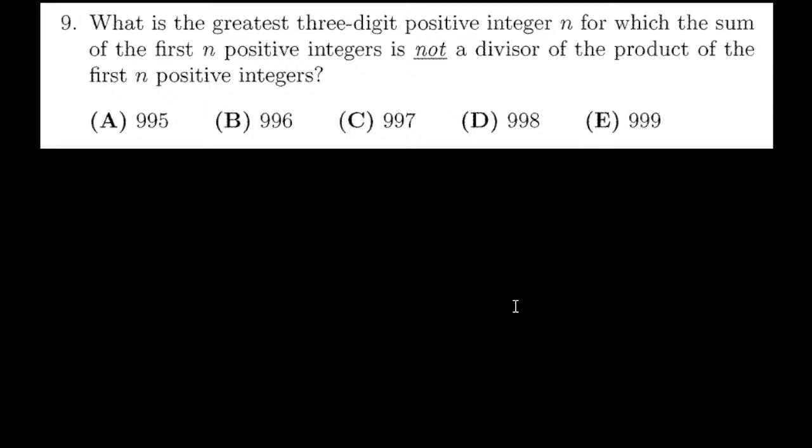When I say sum of the first n positive integers, that means 1 plus 2 plus 3 and so on till your 3-digit positive number. Again, the problem is a challenging one. The product of the first n positive integers is 1 into 2 into 3 into 4 into 5 till n. So what concept do we apply? What will be our thinking?